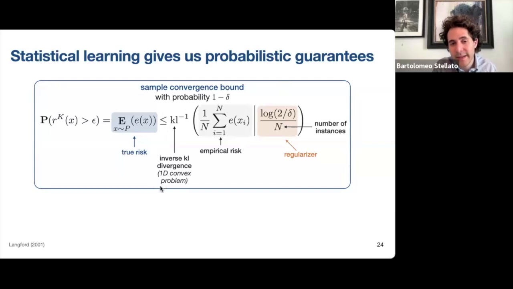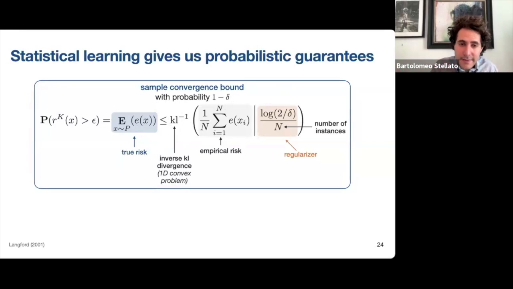And what's on the right is the inverse of the KL divergence between the true risk and the empirical risk. So this is a 1D convex optimization problem. Here I have the empirical risk, which is exactly how often I fail over the data that I observe. And then I have a regularizer that depends on the number of instances that I've observed, and delta, which is the confidence that I want to obtain.